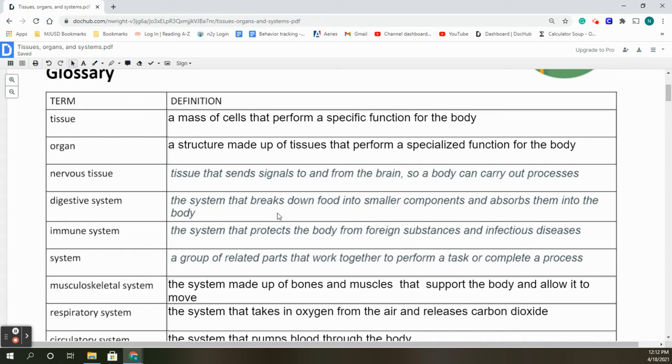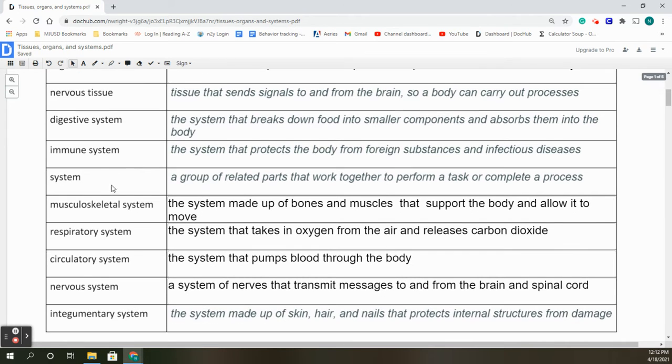Digestive system, the system that breaks down food into smaller components and absorbs them into the body. Immune system, the system that protects the body from foreign substances and infectious diseases. System, a group of related parts that work together to perform a task or complete a process.